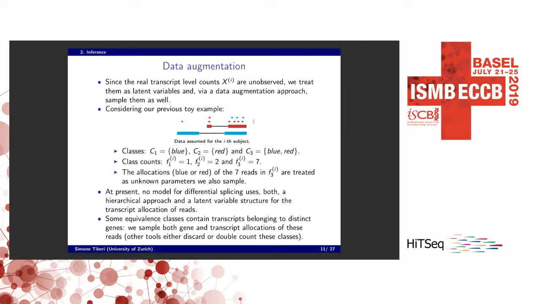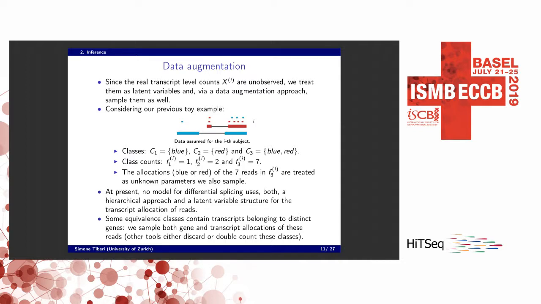But of course, we use all the 10 reads to infer the posterior probability of expressing the two transcripts. These reads are very informative because we know with probability 1 that they belong to a specific transcript. So it's not very different from other methods that are doing the same, like RSEM, for example.